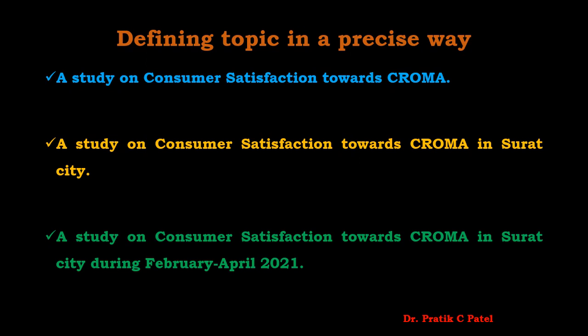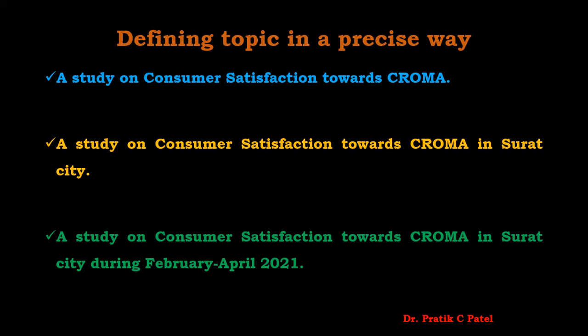In the simplest way, I could write a study on consumer satisfaction towards Chroma. Visibly, it seems okay, but if you understand, it doesn't talk about anything in terms of scope or applicability, and that's why it is very vague. Second way, a study on consumer satisfaction towards Chroma in Surat city. The second topic is a bit more specific.